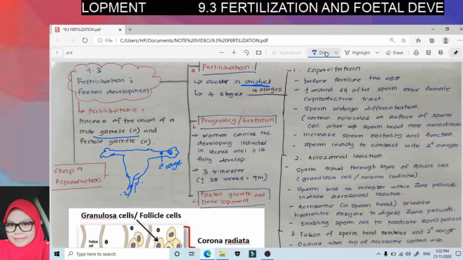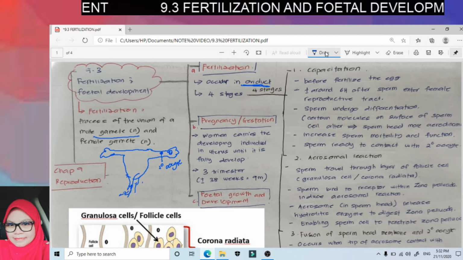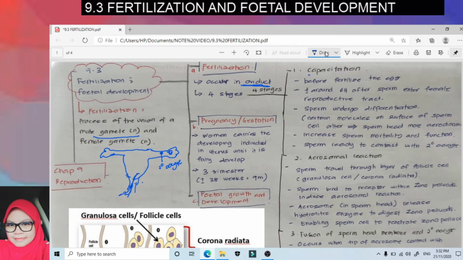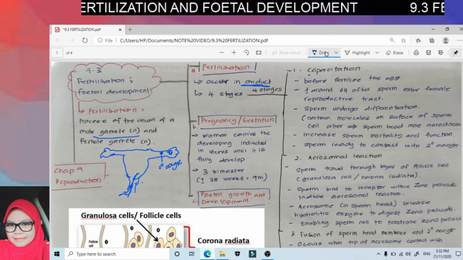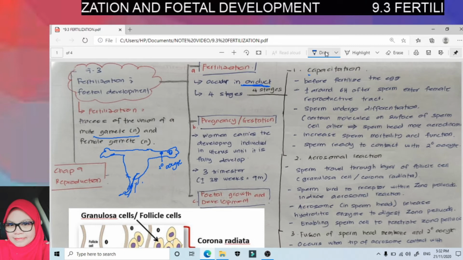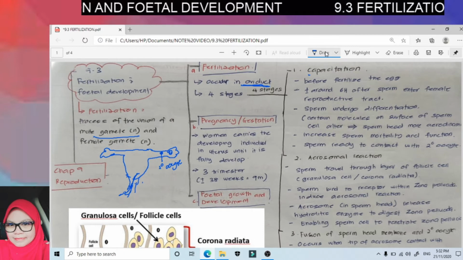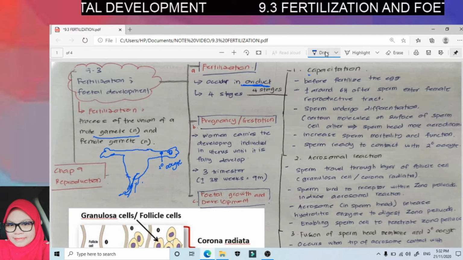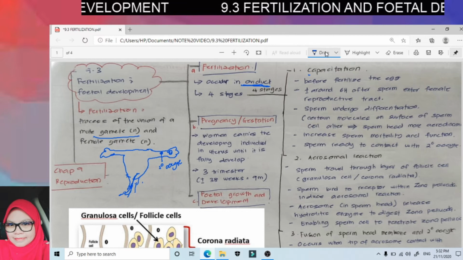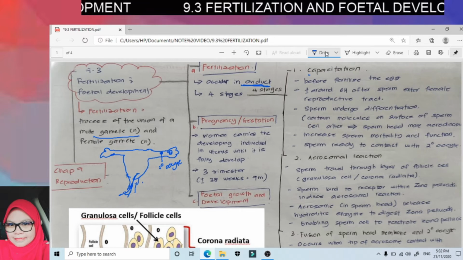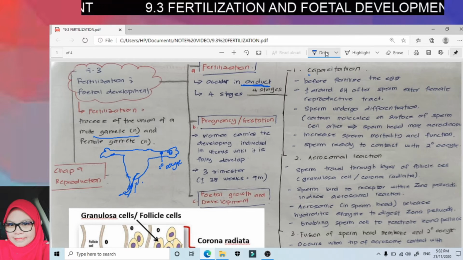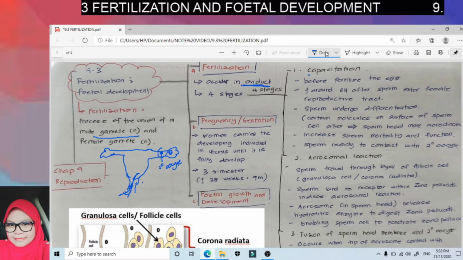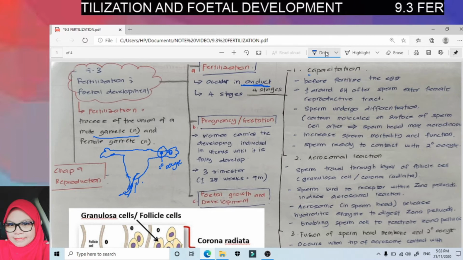Once the sperm enter the female reproductive tract, it means the capacitation stage occurs. The sperm will swim along the reproductive tract to meet the secondary oocyte.